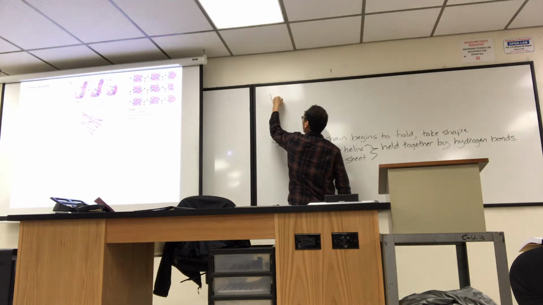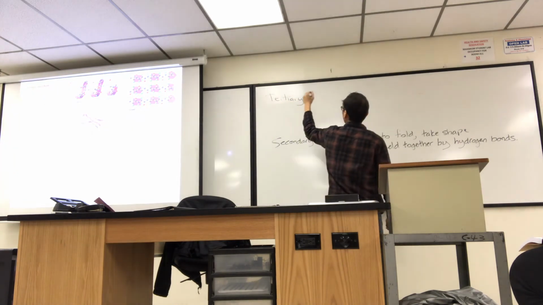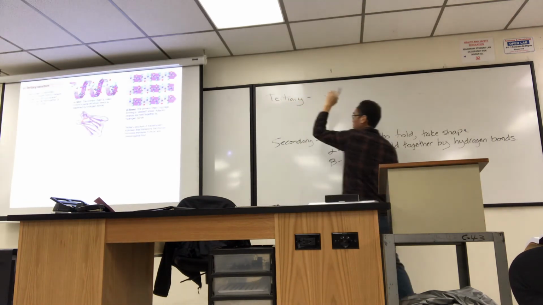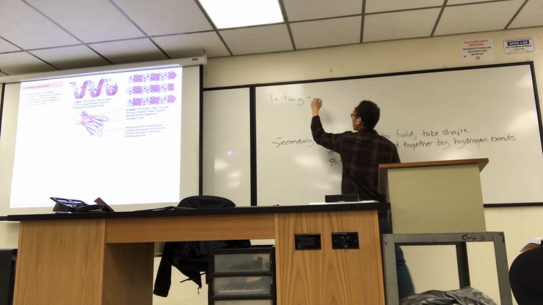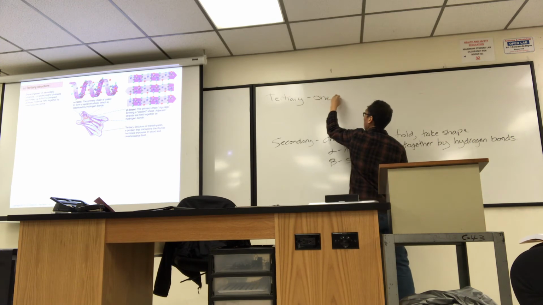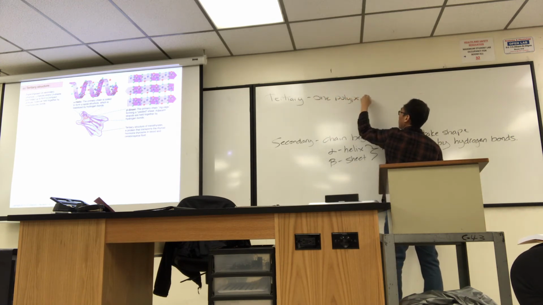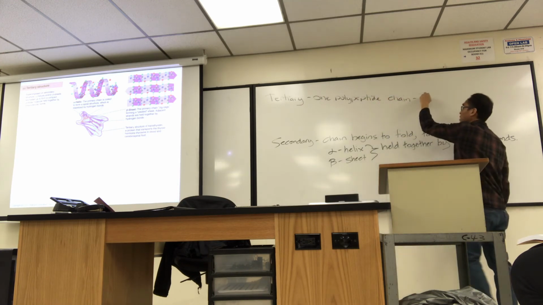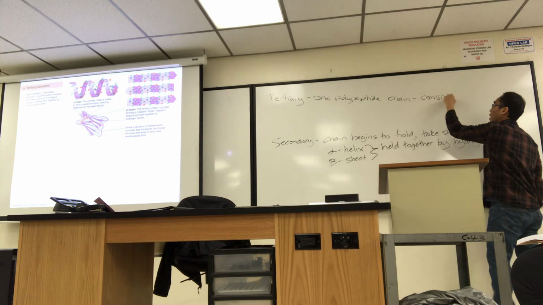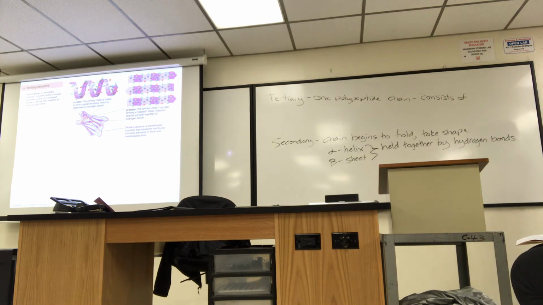Tertiary. It's one polypeptide chain. Still, that's key to know. Tertiary structure is still just one polypeptide chain, but it consists of many alpha helices and beta sheets in a row.